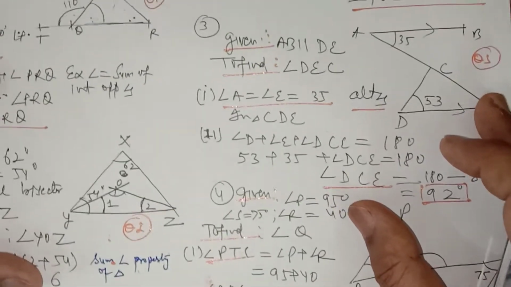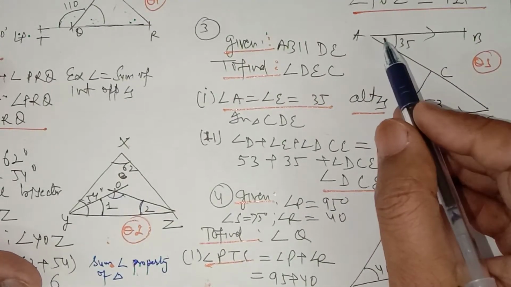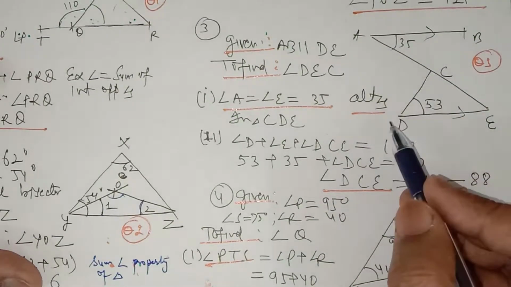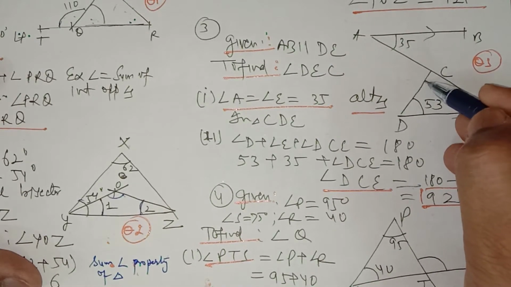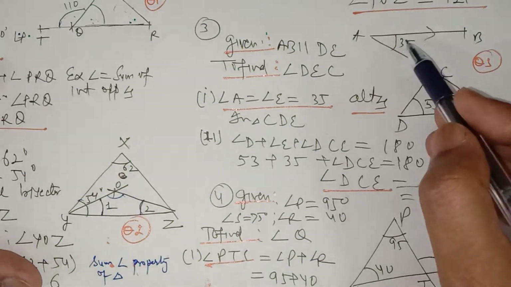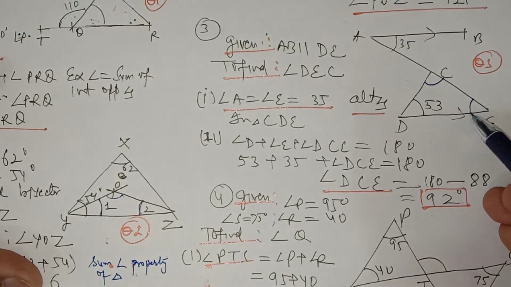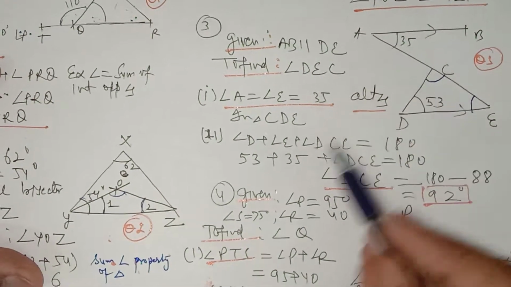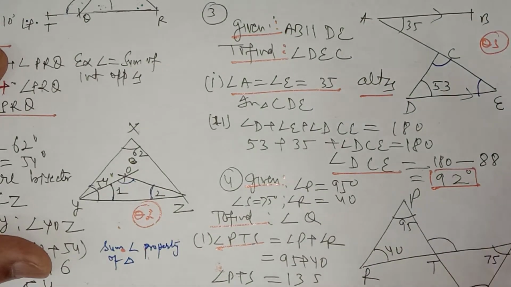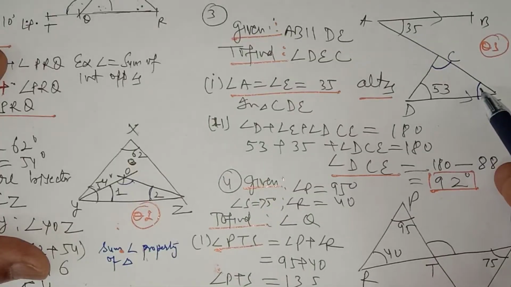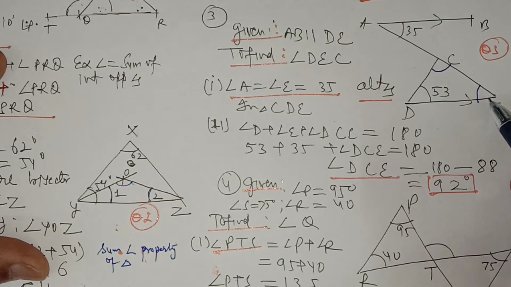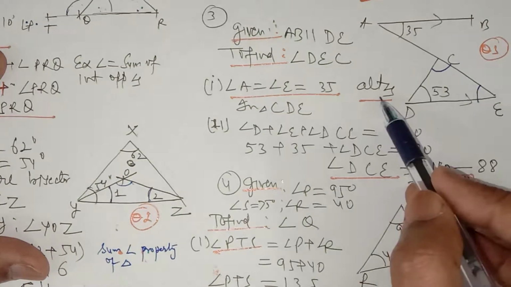Now in question number 3, it is given that AB is parallel to DE and you have to find this angle C. It is an easy question. Now these are the parallel lines, so angle 35 will be equal to angle E because they are alternate interior angles.